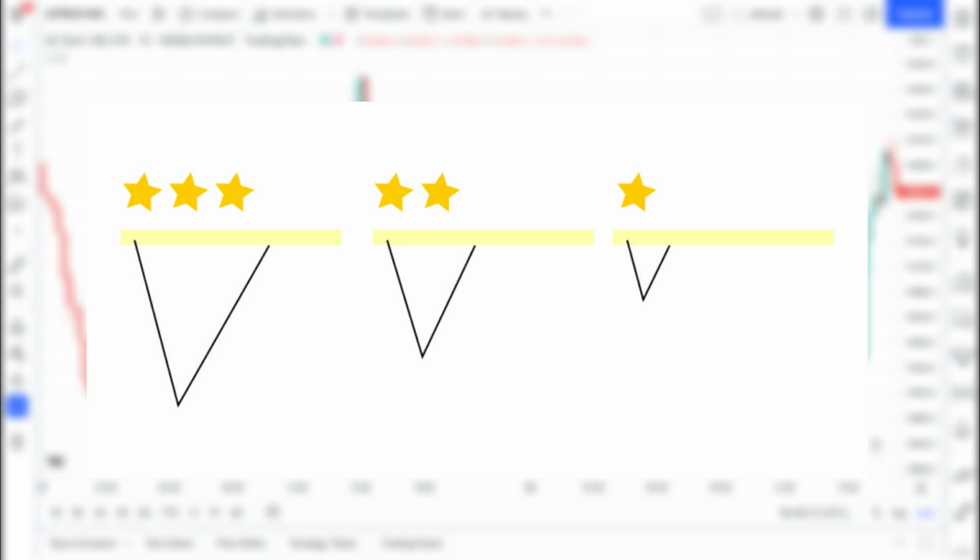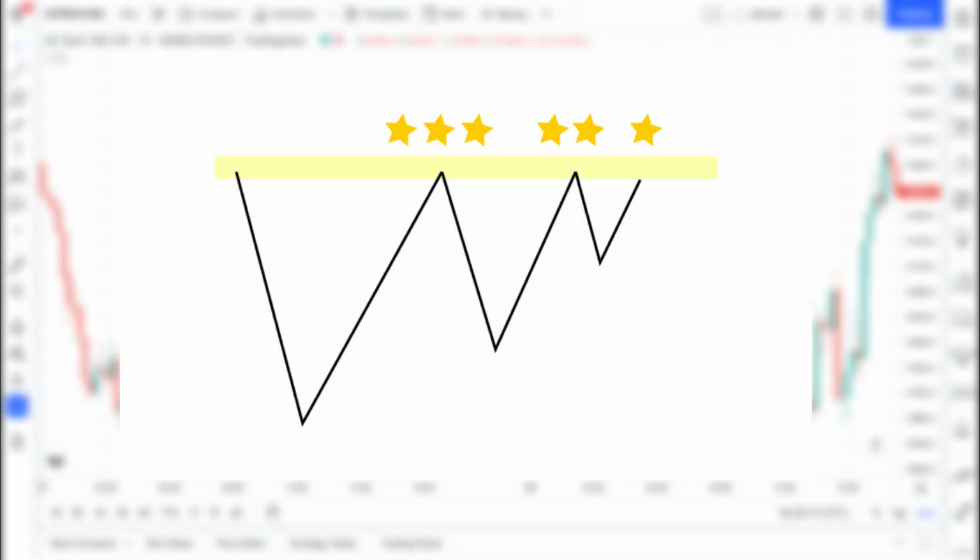When the price moves far away before returning, the level is powerful. Every time the price returns to it, the level weakens. The zone is the strongest the first time the price reaches demand or supply. It's still pretty powerful the next time, but it weakens with each consecutive return of the price.